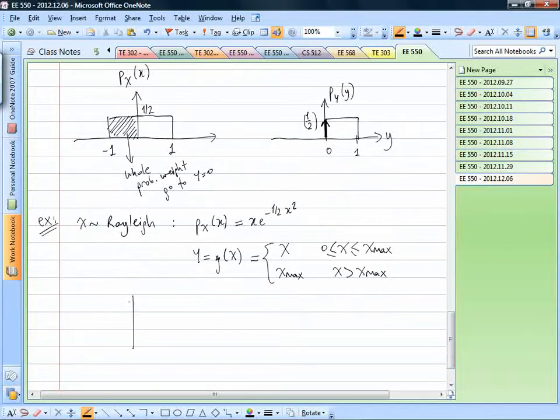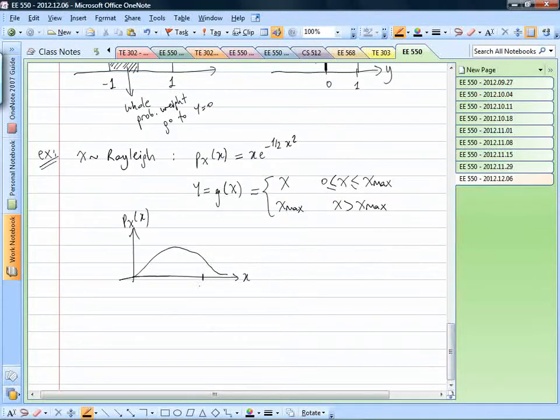So how would this PDF look? Let's first plot the Rayleigh PDF. Rayleigh PDF is a positive PDF. It looks like this. Now let's say this value is x max. If you set everything above x max to x max, this probability mass here will map into the point mass at x max.